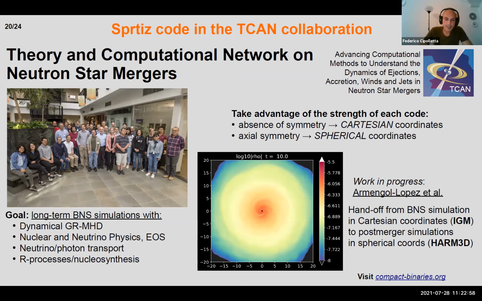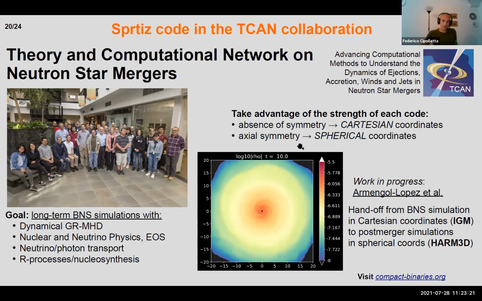The idea at the base of the collaboration is to take advantage of the strength of each code. So in general, in the absence of symmetry, we want to use Cartesian coordinates, while in the case of axial symmetry, we would rather use spherical coordinates.